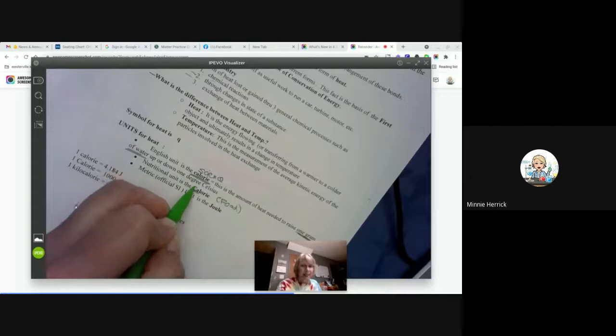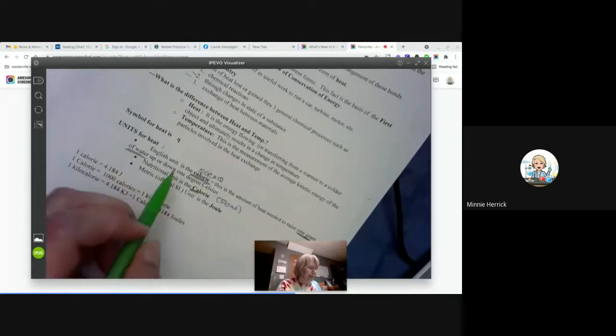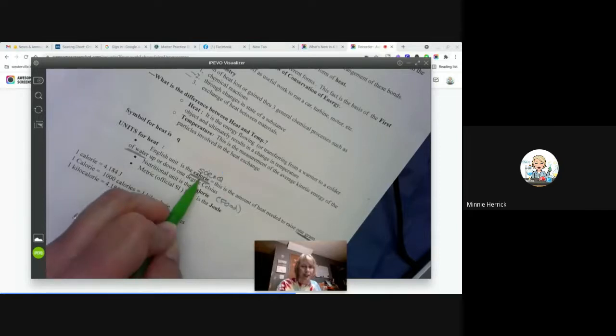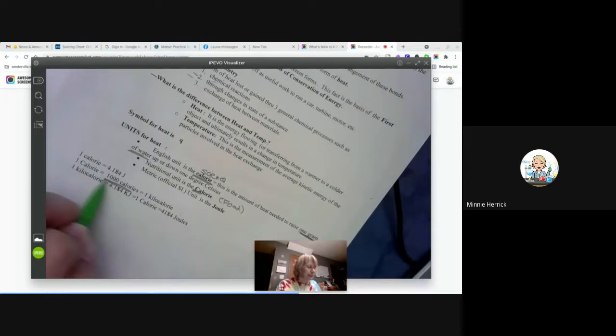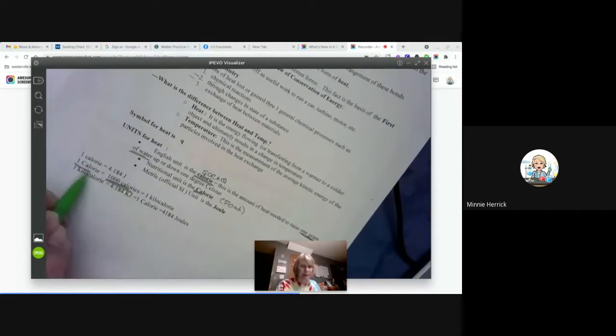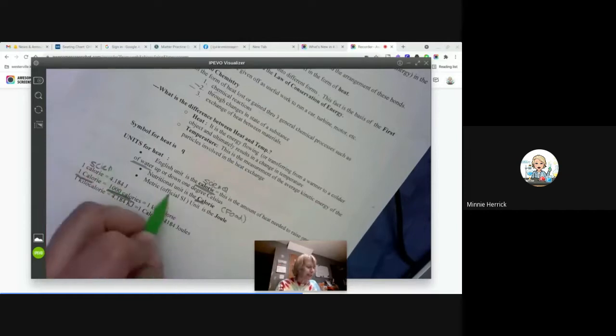And because America didn't want to do anything with metrics, being 1,000 times bigger than the science calorie, they went ahead and just capitalized the science calorie to make the food calorie, the unit that we're used to, okay? So really 1,000 science calories is the same as a food calorie, and a science calorie is a little bit over 4 joules. And joules is the actual metric unit.